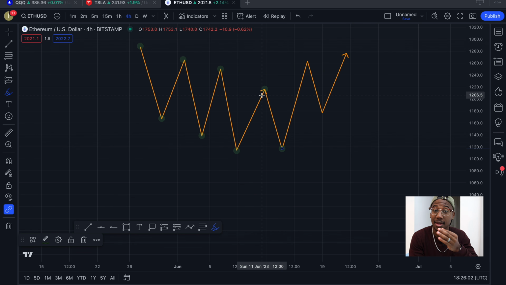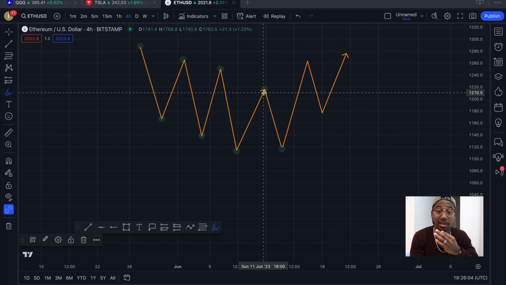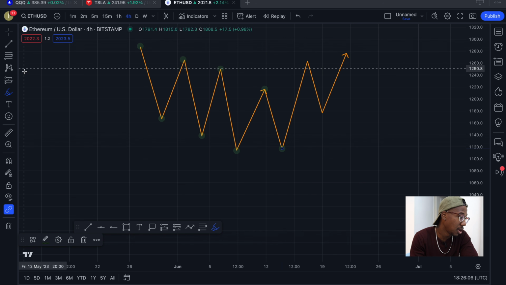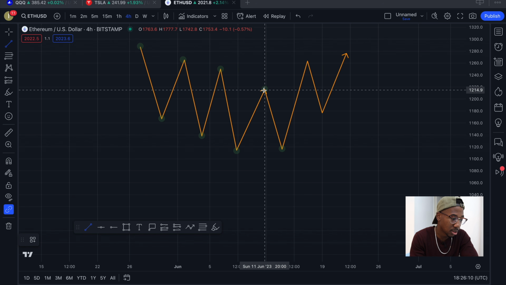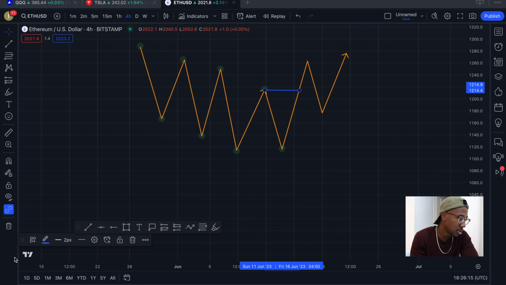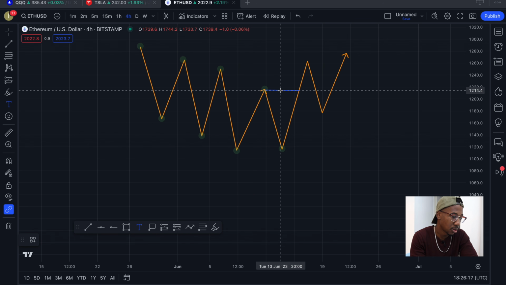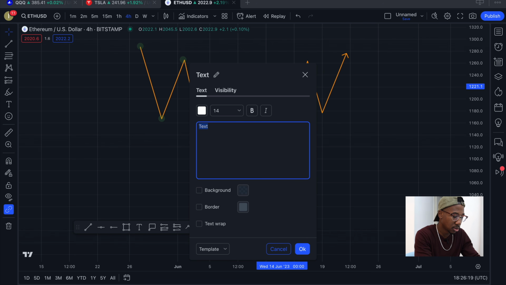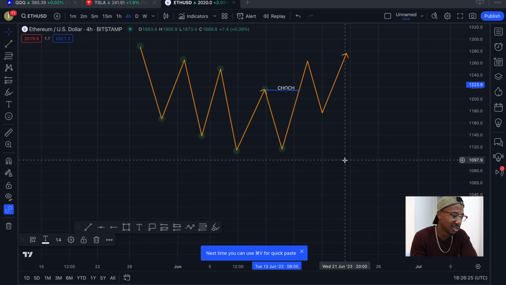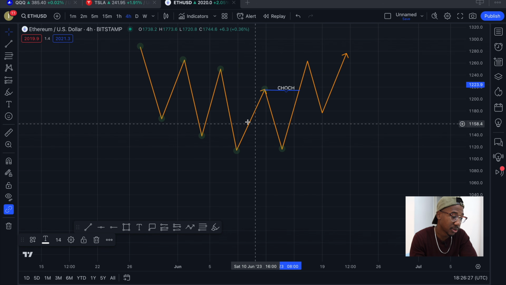So now we change character from being in a downtrend to an uptrend. How we are going to mark that is we're going to draw that line right there, and then we're going to mark it change of character. So right there, we have our change of character.